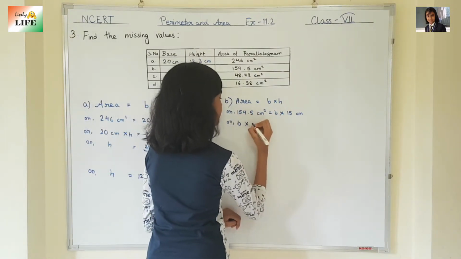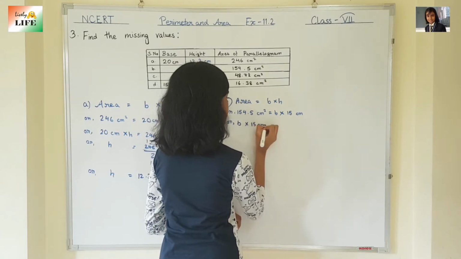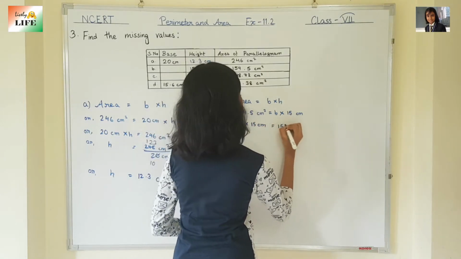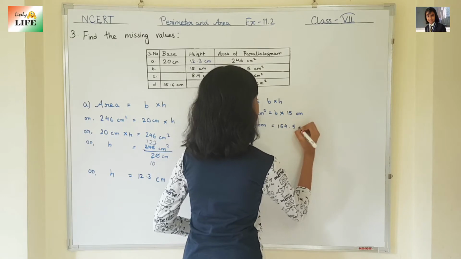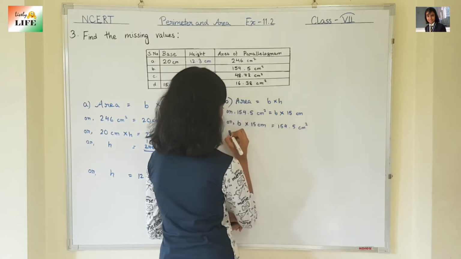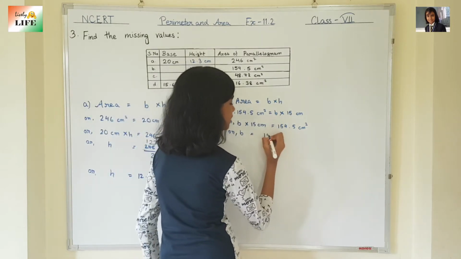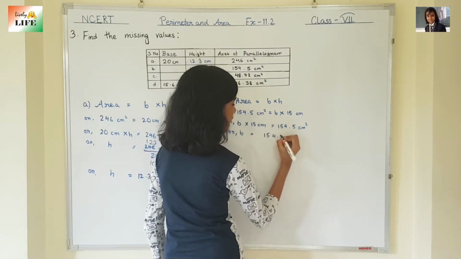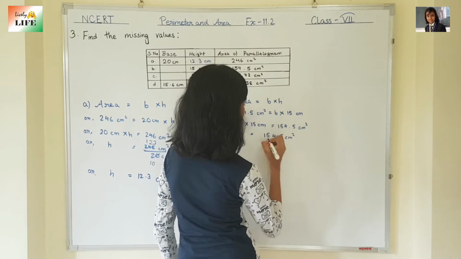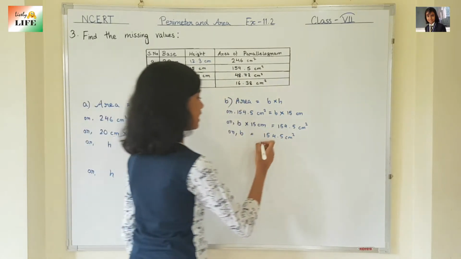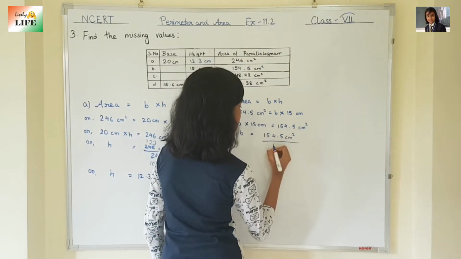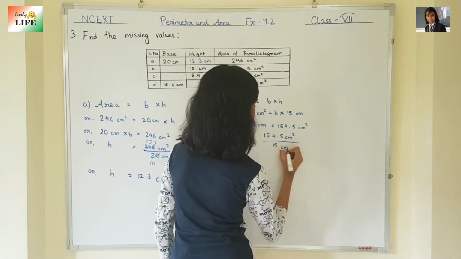Means base into 15 centimeter is equal to 154.5 centimeter square, or base is equal to 154.5 centimeter square. Now it was multiplied, here it will become divide, 15 centimeter.